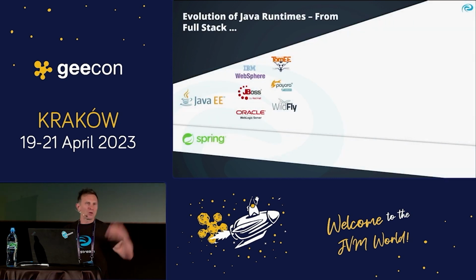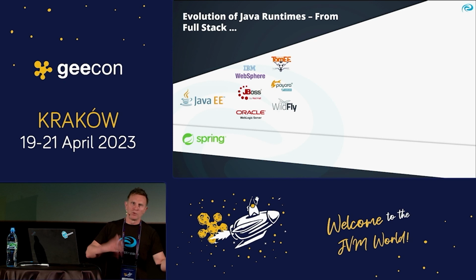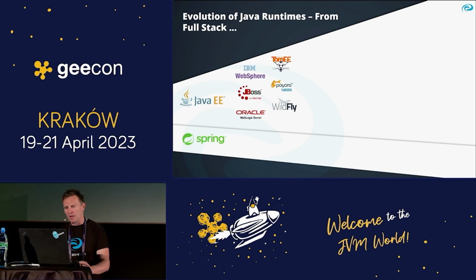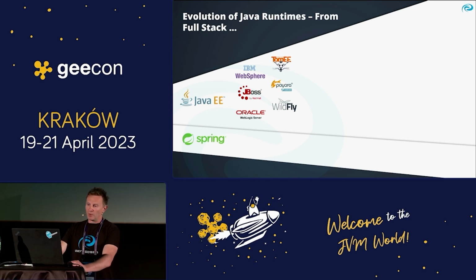When I talk about this, because this always confused me, I didn't understand it. So here is a big picture. Here you can see both worlds, Spring and Java Enterprise, which is now called Jakarta EE. And we have all of these application servers: IBM WebSphere, WebLogic, JBoss, Wildfly, Payara, and so on.